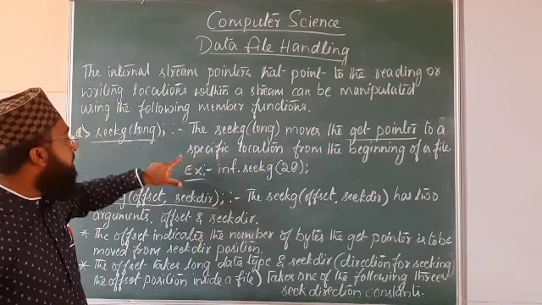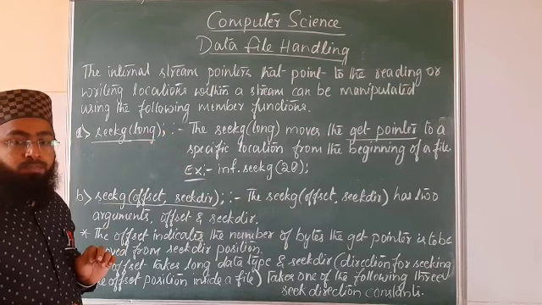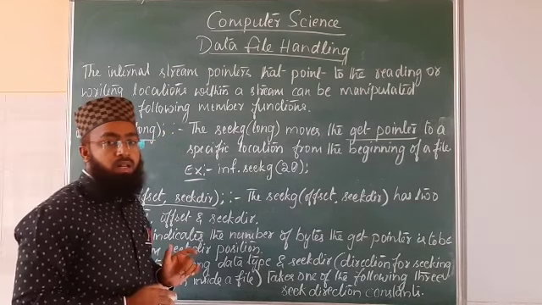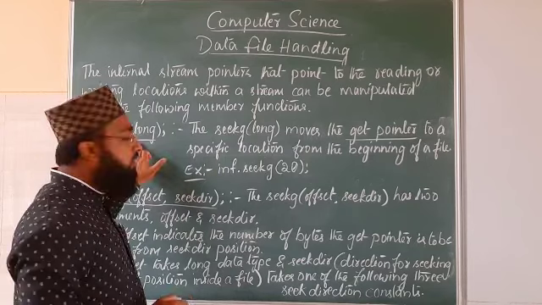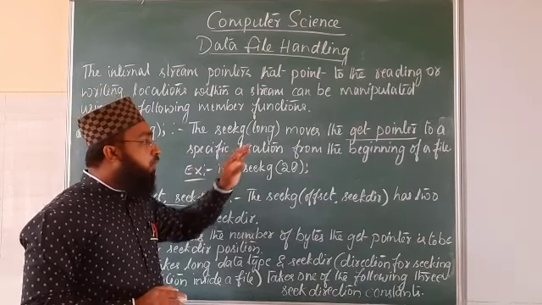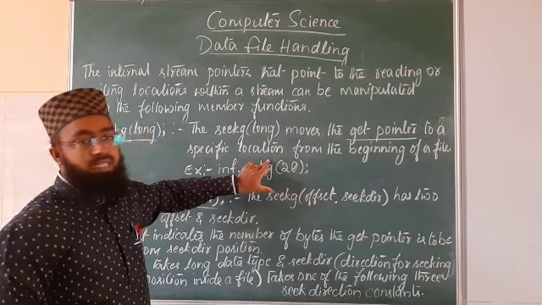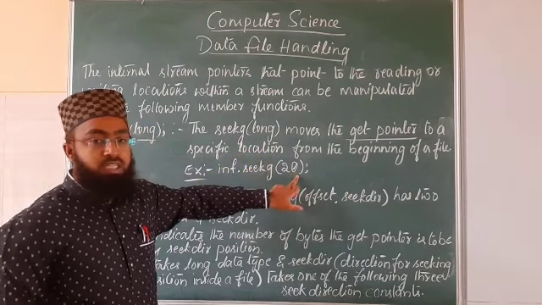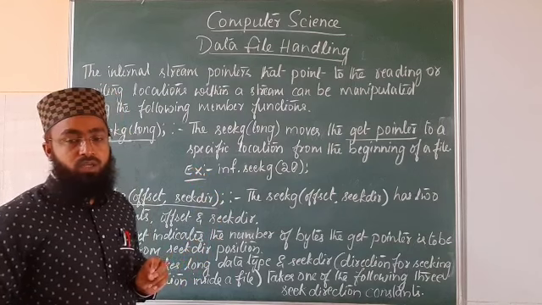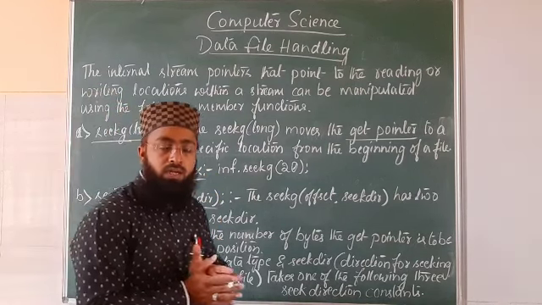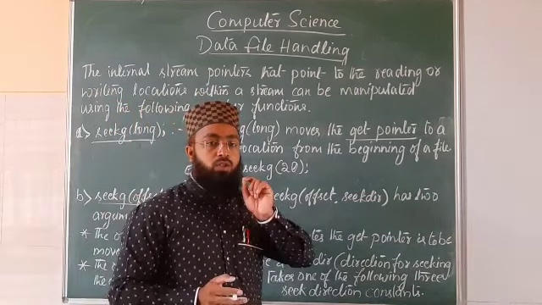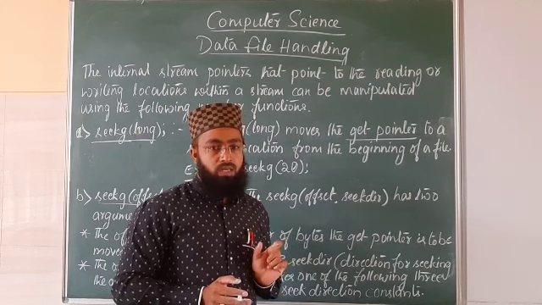This means the get pointer will point to the location of the 20th byte from the 0th byte. If 20 bytes are there in a file, it will point from the 0th byte.